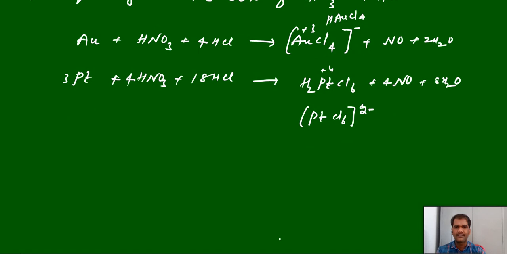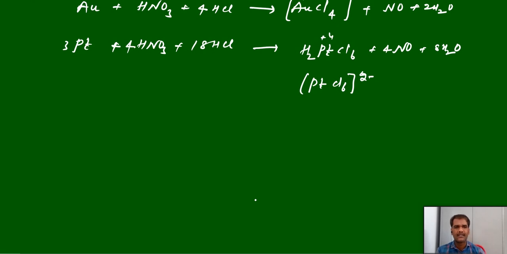And apart from this, some other reactions: HCl can decompose the salts of weaker acids. It will form the corresponding sodium halide. HCl decomposes salts of weaker acids.